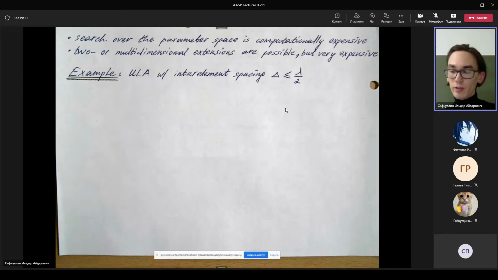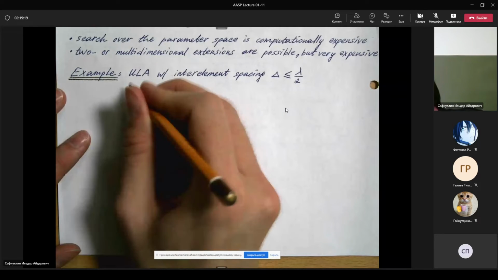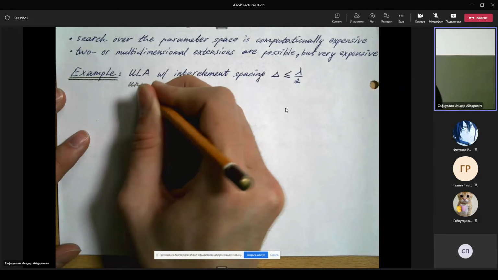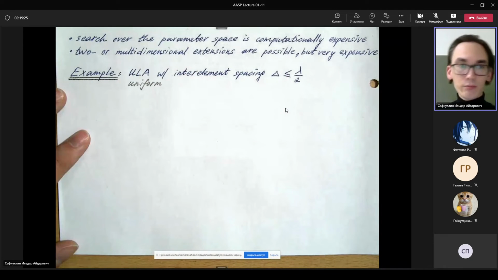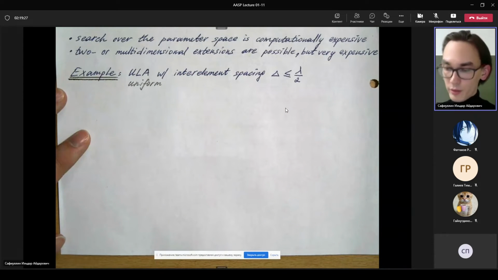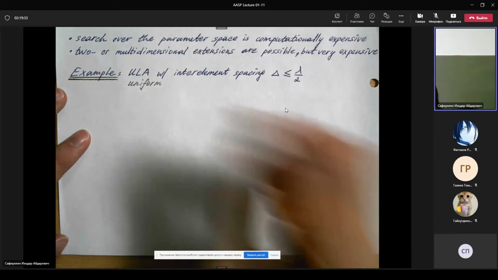And here, inside of this ULA, so uniform linear array, it means that the elements of this array are uniformly distributed, or we can say that they have uniform spaced elements.